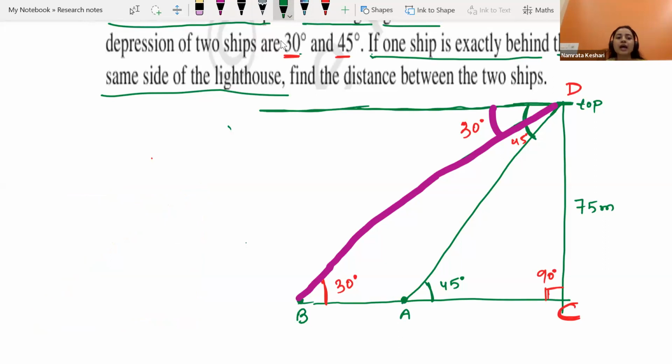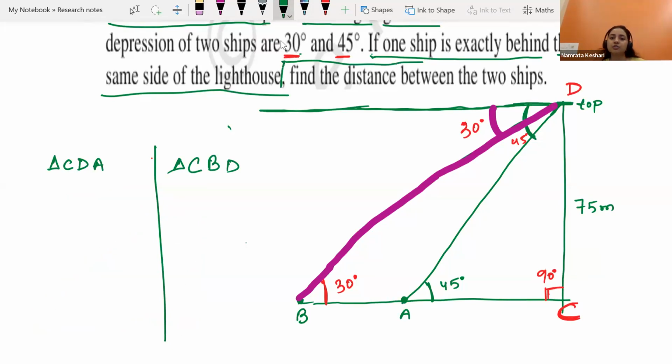So we are having two triangles: the right angle triangle C, D, A, and the bigger one, triangle C, B, D. Any confusion so far? What we have to find here? We have to find the distance between the two ships. That means AB we have to find over here.